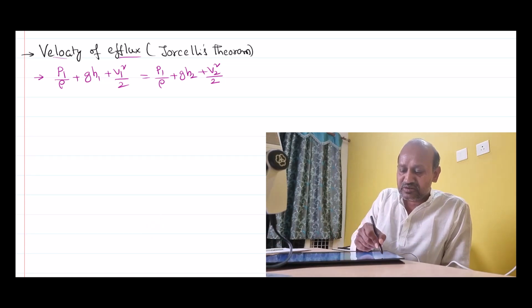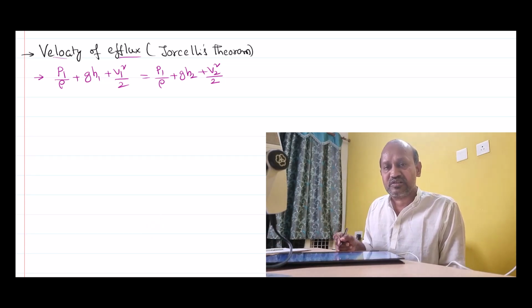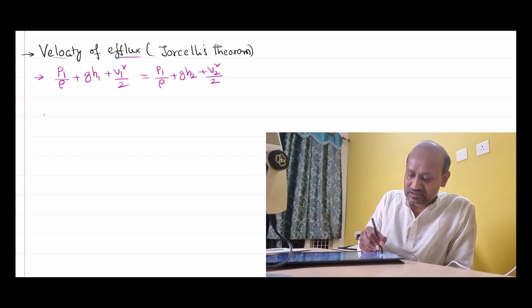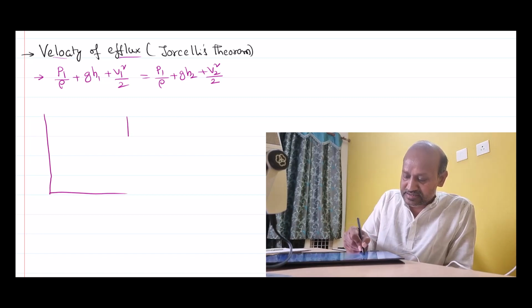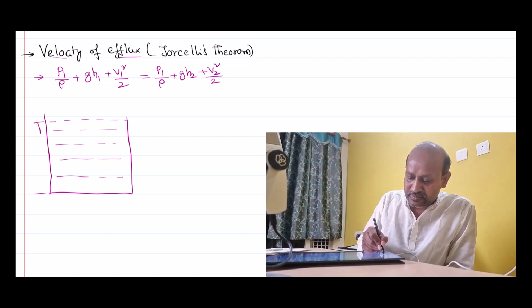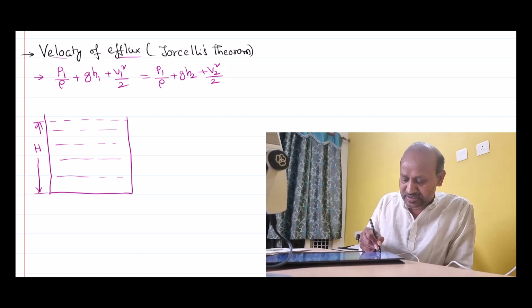We would like to derive an equation for velocity of efflux. What do we mean by that? Let us try to find out first. So let us consider a big vessel like this, filled with a fluid. Let this fluid be filled up to a height capital H. We are assuming it.